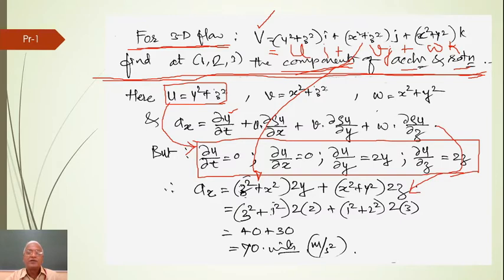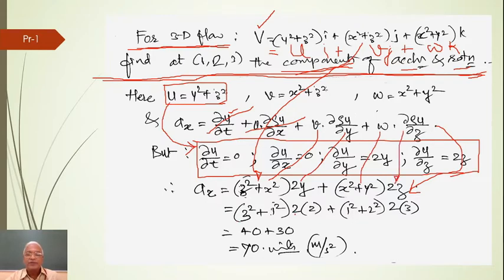but here this is 0 and this is also 0, that's why v has come here. So this term is v, this term is dou u by dou y, this term is omega, this term is dou u by dou z.